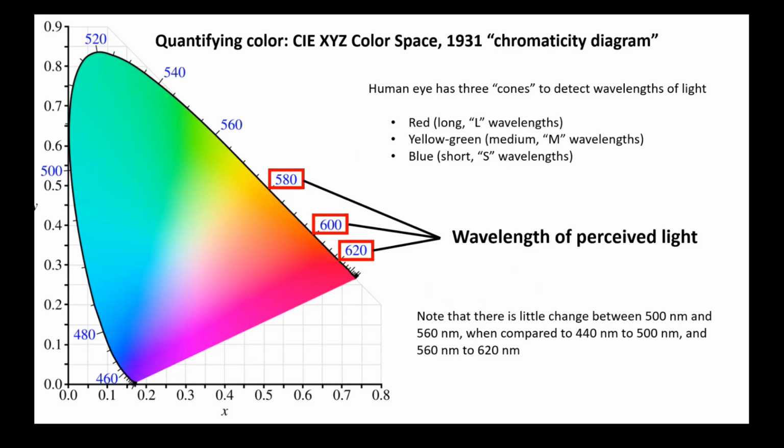The green itself is kind of a dead zone, and it leads to some problems when we're creating perceptually uniform color gradients. I suppose the main point to get across here is that visible light is not perceptually uniform. Wavelengths of light actually change not in accordance with the way we perceive color to change.